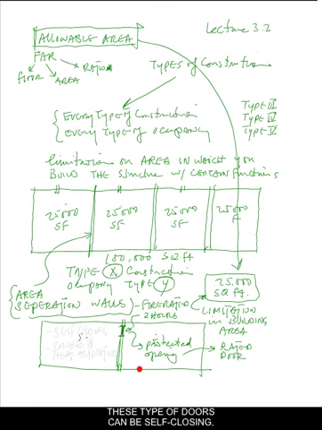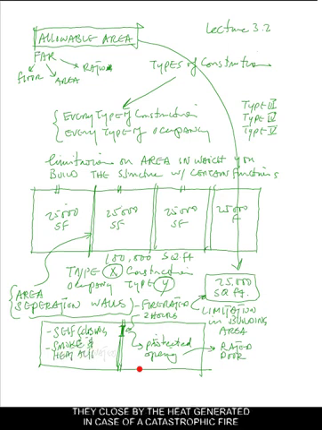These types of doors can be self-closing, and sometimes they are, so let me write it, self-closing. And also, on many occasions, smoke and heat activated. They close by the heat generated in case of a catastrophic fire, or because of the smoke that might be happening.